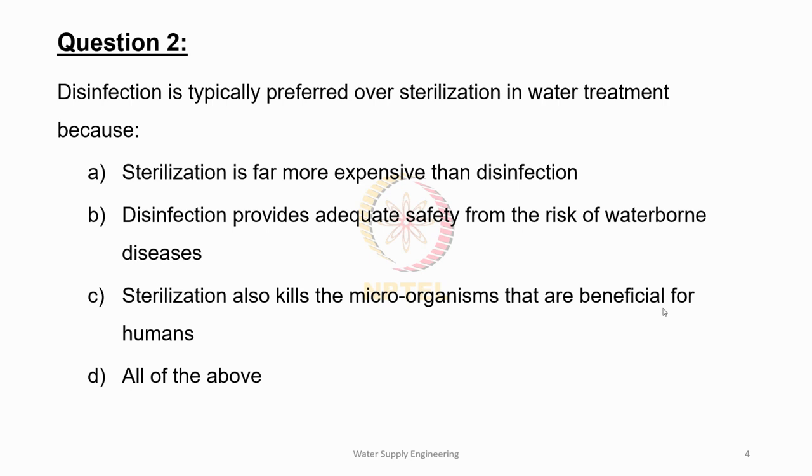Option D, all of the above. So, in the normal public water treatment systems, we usually go for disinfection rather than sterilization. Sterilization is typically done in hospitals and certain industries, but not for public water supply systems. So, why do we prefer disinfection over sterilization?